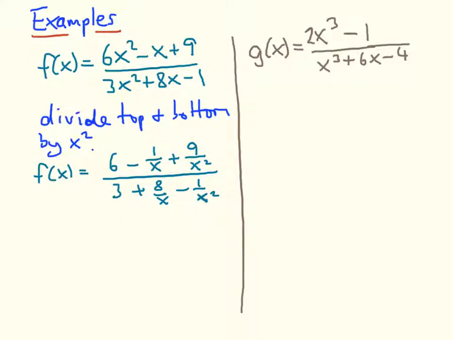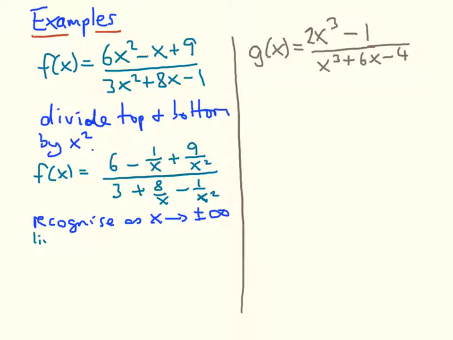And writing it in this way is, generally speaking, not helpful, but for this one point about looking at the horizontal asymptote it is very useful, because we can recognize now that as x approaches plus or minus infinity, in other words, when it's becoming very big, we'll have a 6 here, but this is going to go to 0. This is going to go to 0 when x is very large. So we've got a number divided by something very big, it's going to go to 0. And the same is true here.